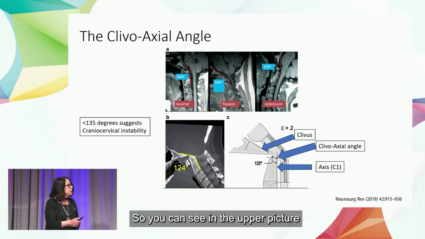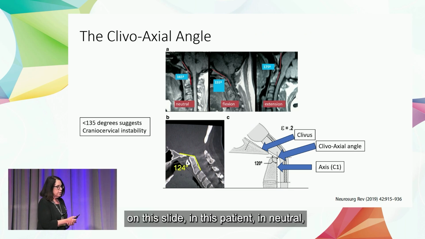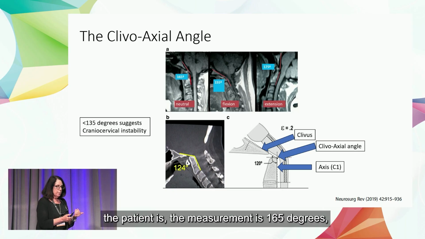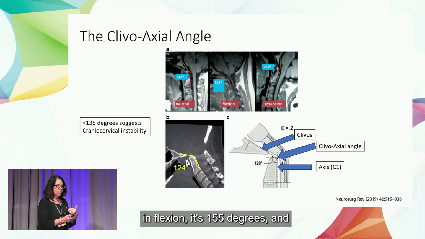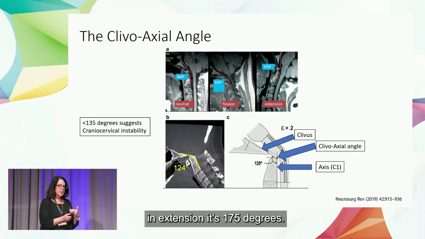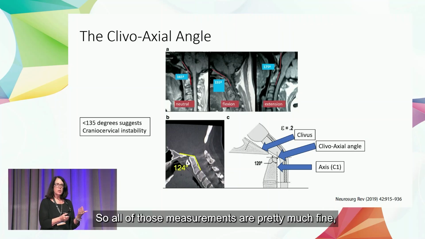So you can see in the upper picture on this slide, in this patient, in neutral, the measurement is 165 degrees. In flexion, it's 155 degrees. And in extension, it's 175 degrees. So all of those measurements are pretty much fine.